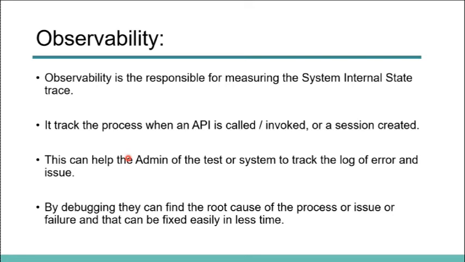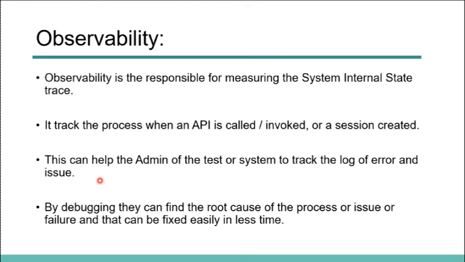There is another feature of Selenium Grid 4, which is observability. Observability is responsible for measuring the system's internal state trace. It tracks the process when the API is called or invoked, and also when a session is created.